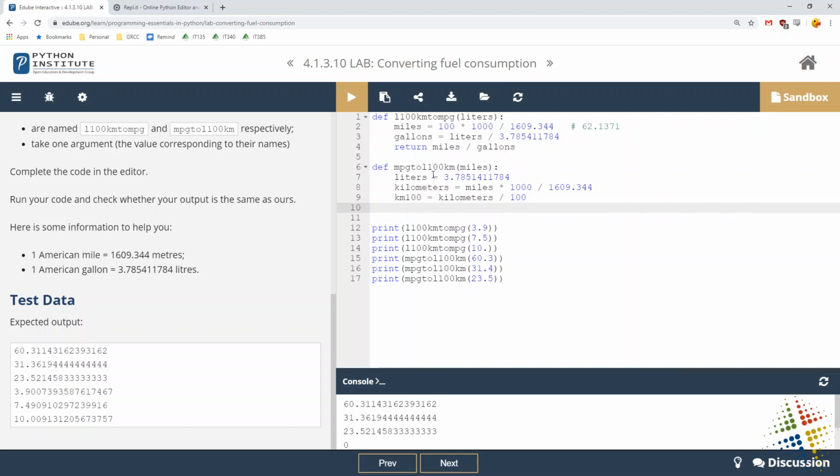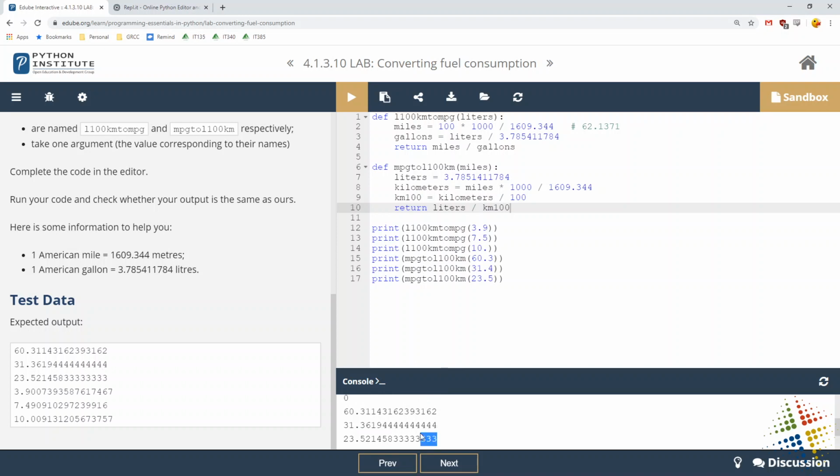Now, in theory, because I have my liters and I have my 100 kilometers, my value should just simply be my liters over my kilometers. So if I return liters divided by km100, that should hopefully calculate out everything I need. Let's see what the results come out to.